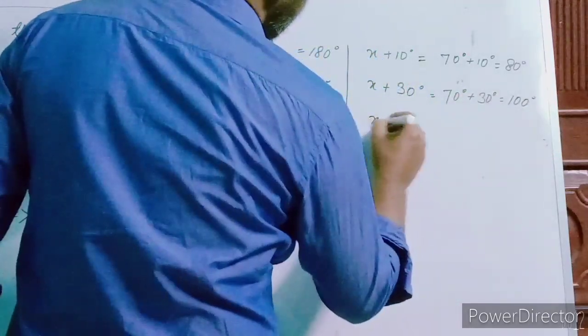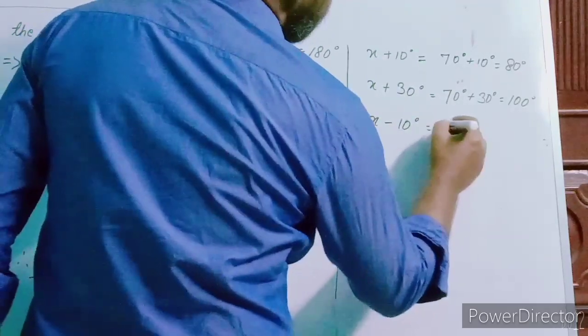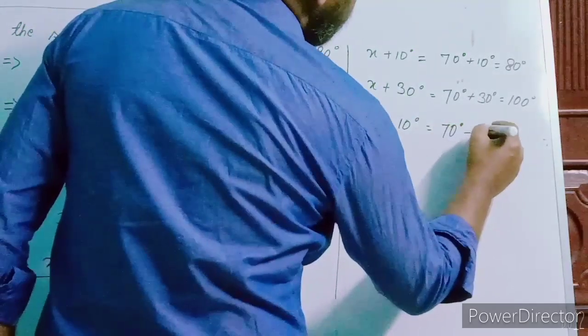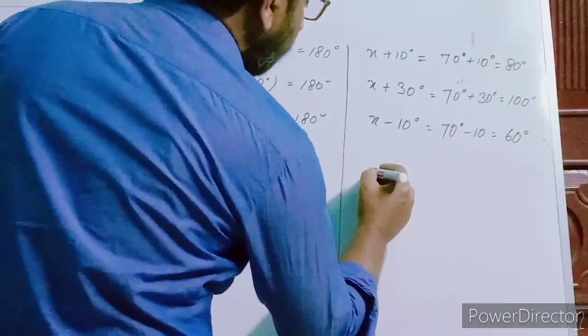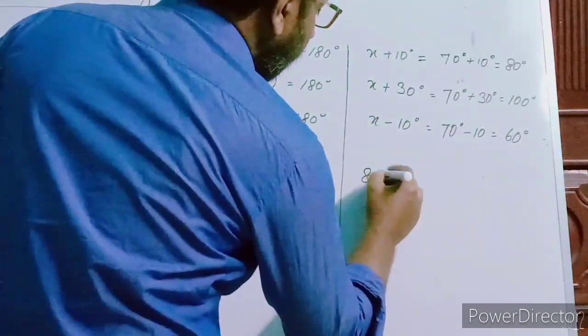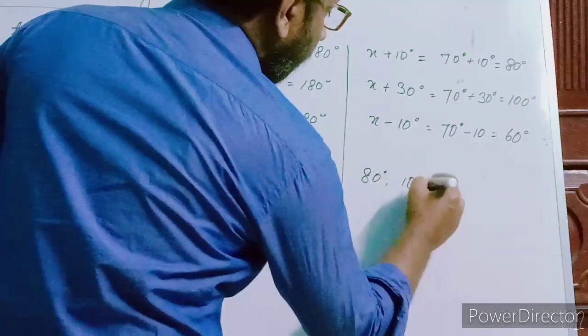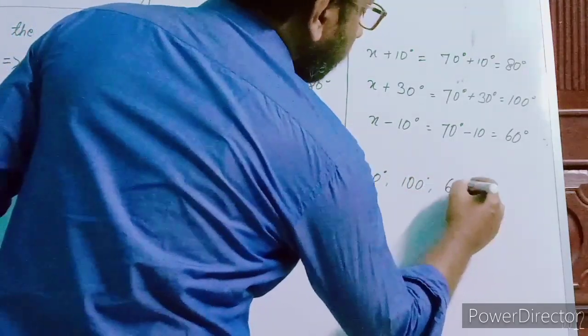And third angle is x minus 10 degree, 70 degree minus 10 degree equal to 60 degree. So these three, 80 degree, 100 degree and 60 degree are the angles of the triangle.